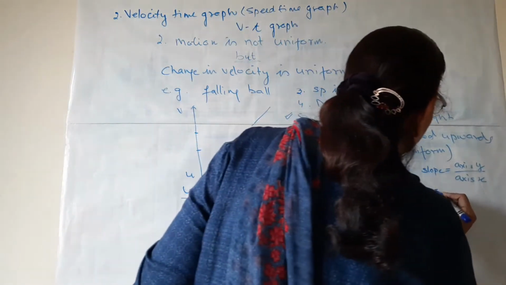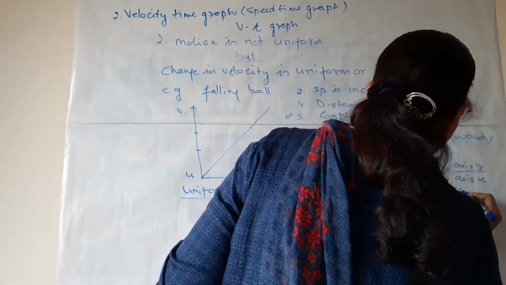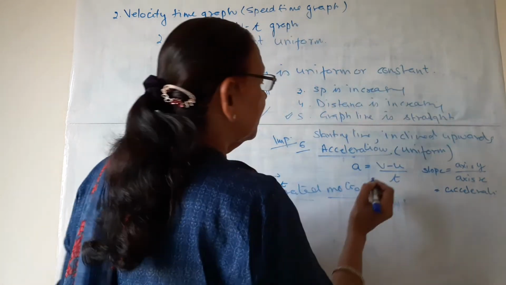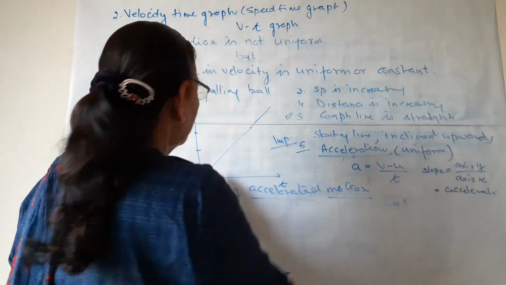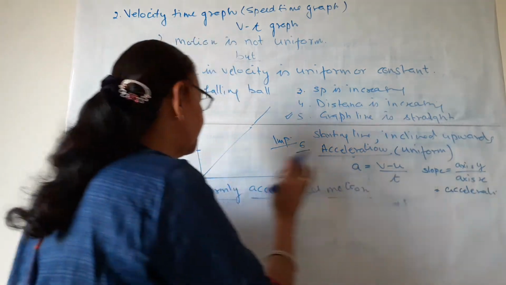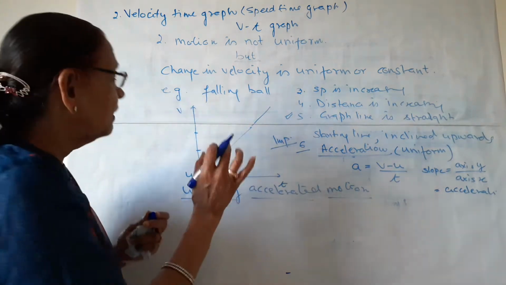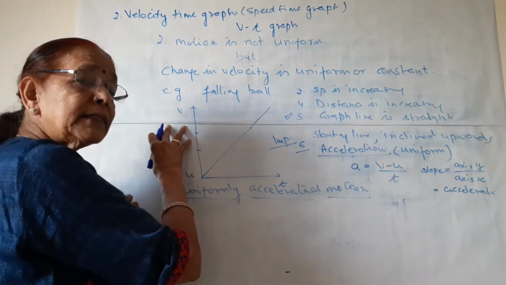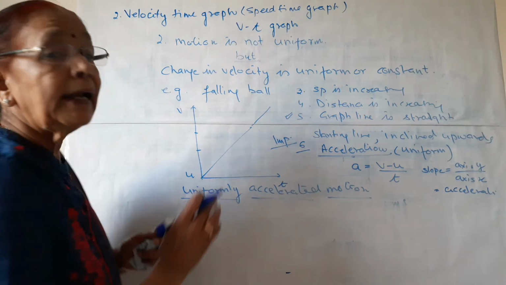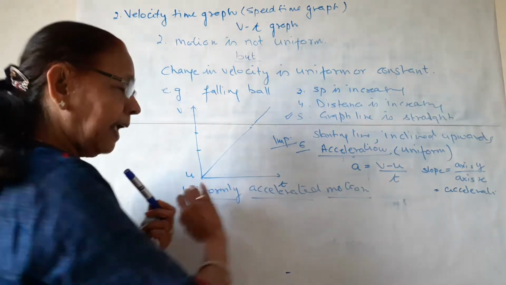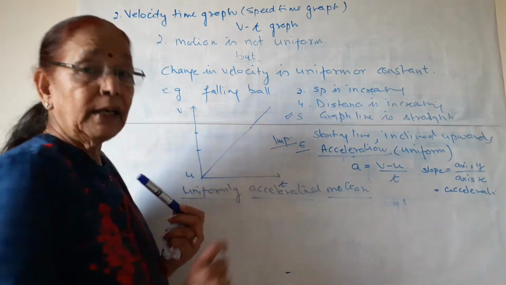So this slope is equal to acceleration. And when the slope is acceleration, so this upon this is acceleration. That is, this graph line shows acceleration when velocity is taken on y-axis and time is taken on x-axis.